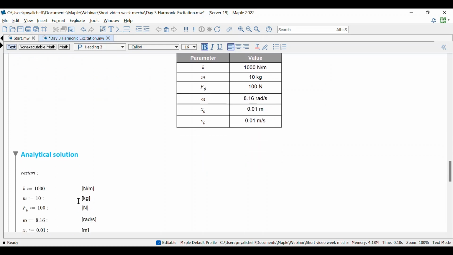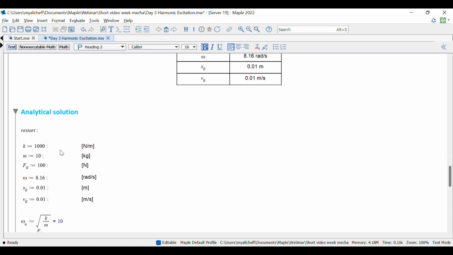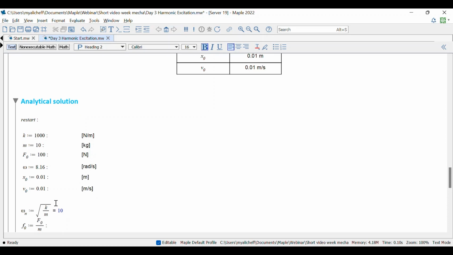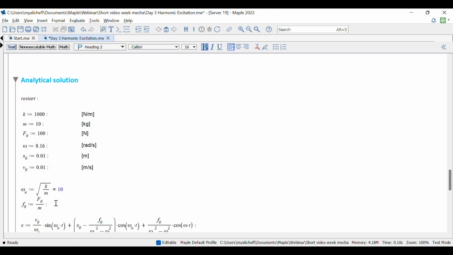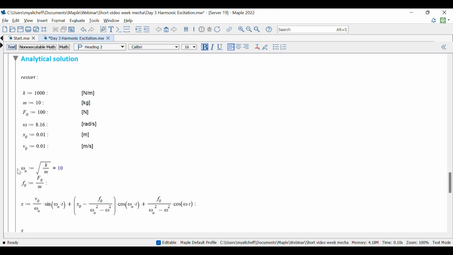the initial conditions for displacement and velocity. First, the analytical solution, using Maple. We know the parameters, so we set these parameters in Maple. We use the equation we know to determine the natural frequency and F0, and then we use again the equation of the total response.